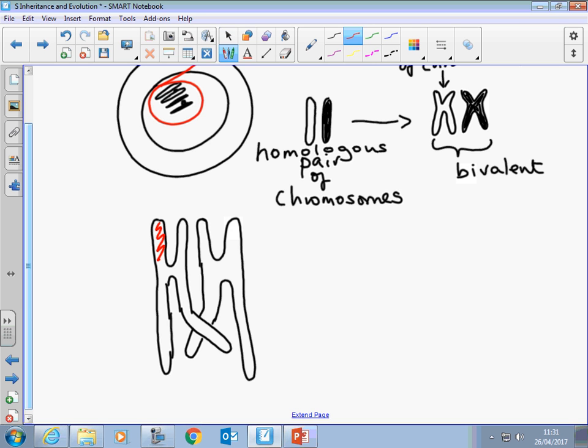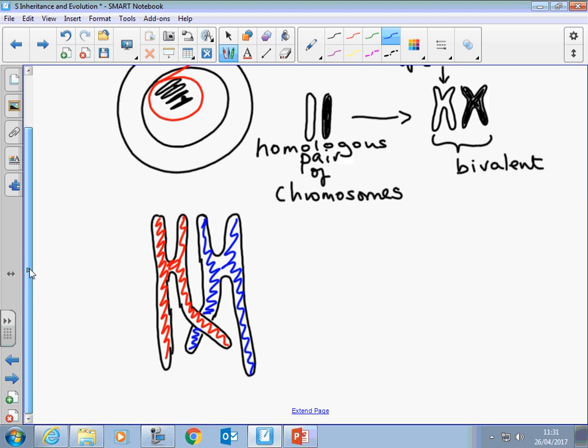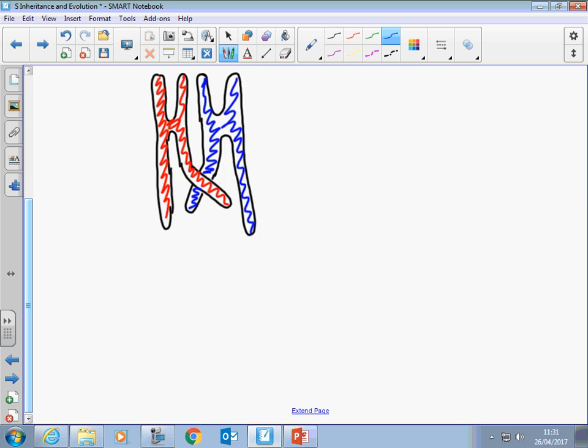So let's say, here's a red one. I'm using the same colour coding as I had in the other one. They don't seem to match in shape and size very well, but you get the general idea. They actually stay like that for quite a while, and eventually this point where they're crossing over will break apart.